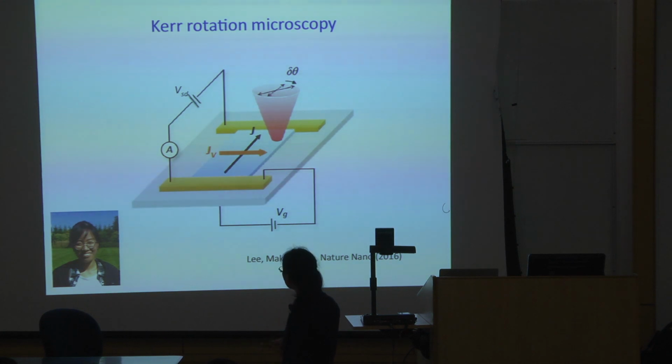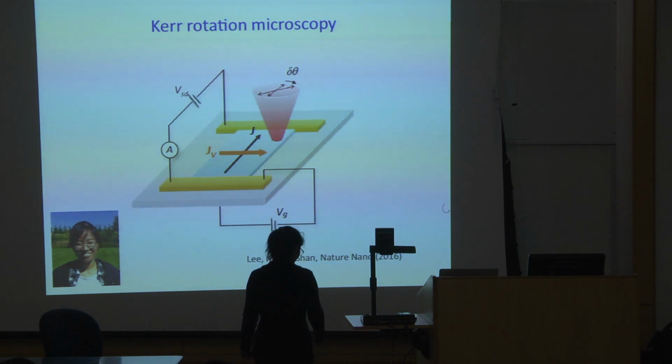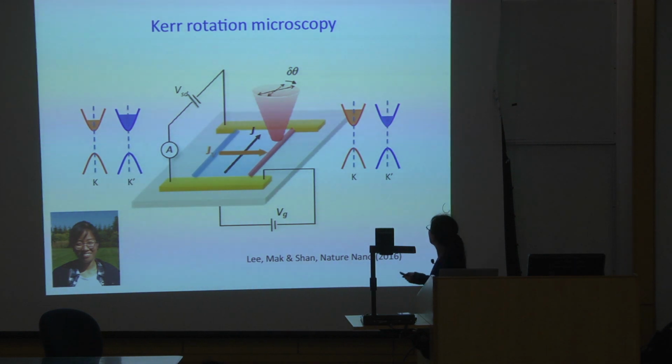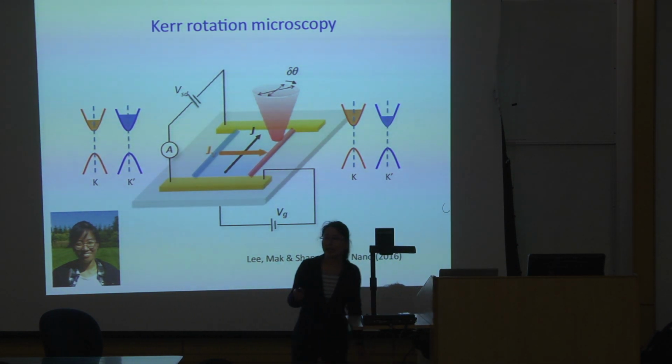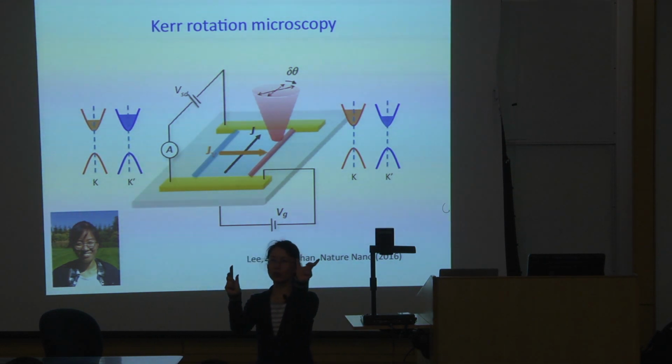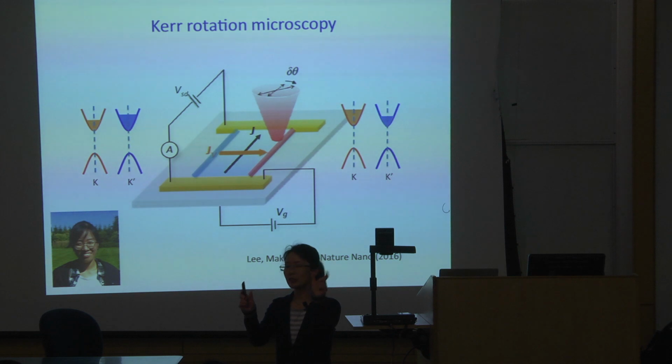And then we use optics. In this case, it's Kerr rotation microscopy. So we come in with linearly polarized light, and if there's accumulation of valley at the edges, the Fermi level between the two valleys will be different, right?